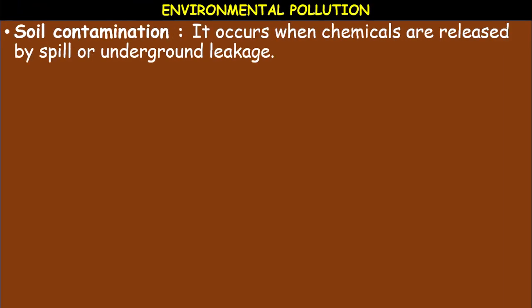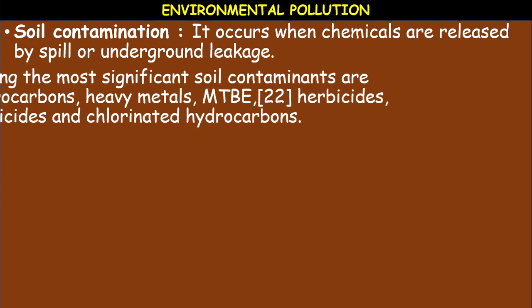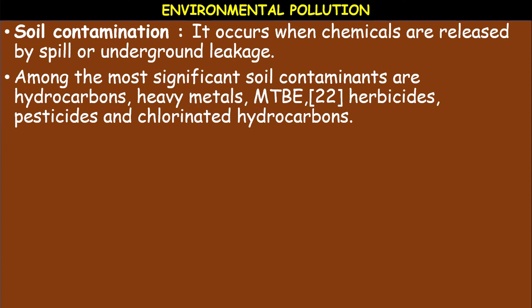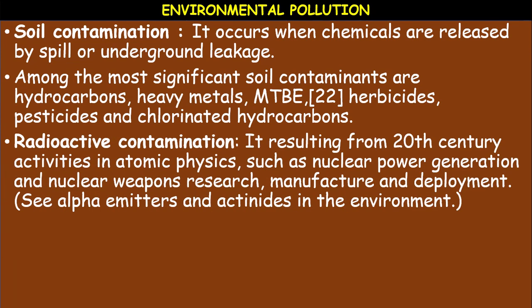Next, soil contamination. The soil contamination occurs when the chemicals are released by spill or underground leakage. Among the most significant soil contaminants are hydrocarbons, heavy metals, MTBE, herbicides, pesticides, and chlorinated hydrocarbons. Soil pollution is also a major problem nowadays.